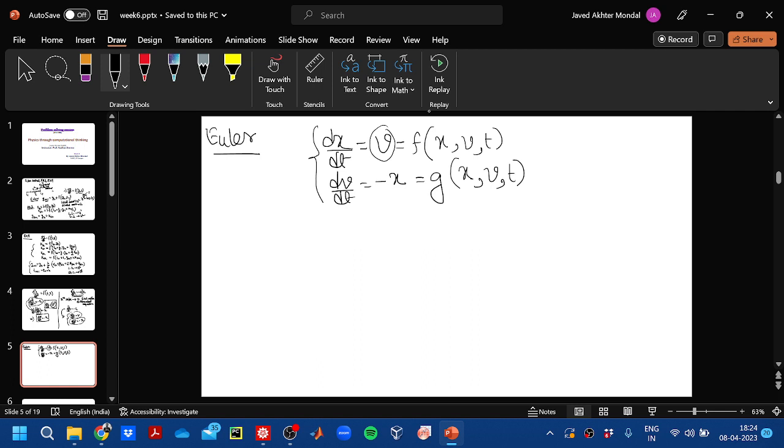In the case of the first order equation, we solved it via this update rule, xn plus h into function of xn, tn.